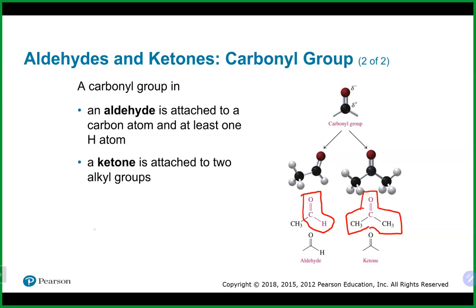Now, if we were to draw some of these in line structures, we really do the same thing, except that at the end we would do something like this for an aldehyde, at one end or the other.